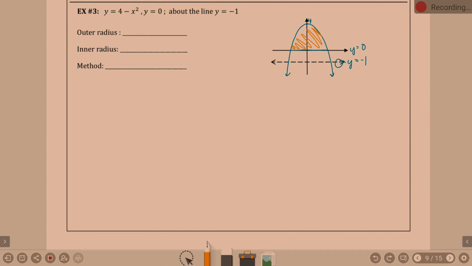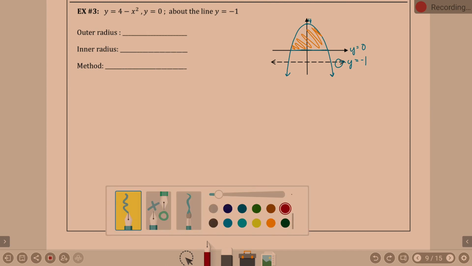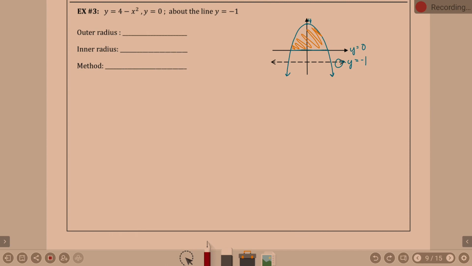Okay. With this in mind, let's see. She's claiming washer, because there's this little gap right here, yes? Outer is big R, inner is little r.